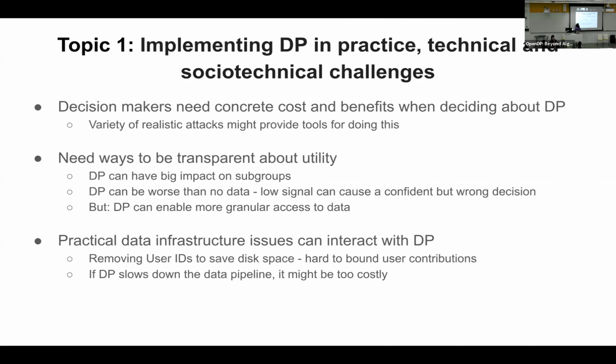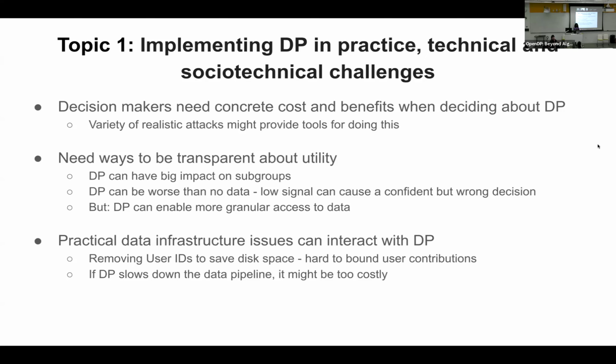But we came up with this summary on the slides where we say decision makers need concrete costs and benefits when deciding about differential privacy. So we need to come up with a variety of realistic attacks and threat models, and provide tools for doing these kinds of attacks.